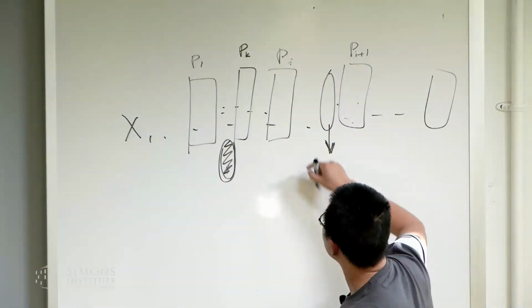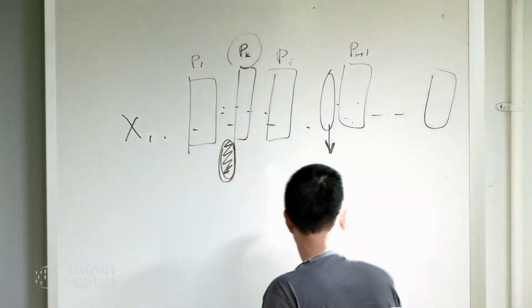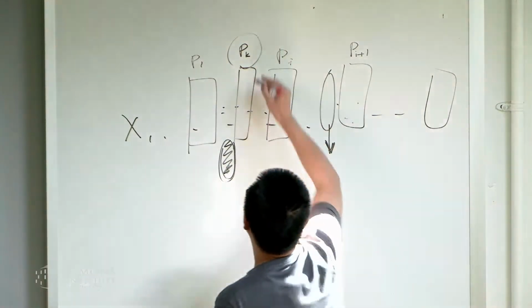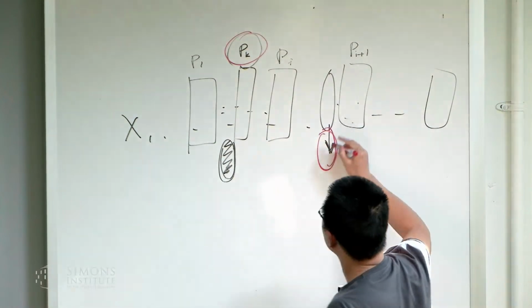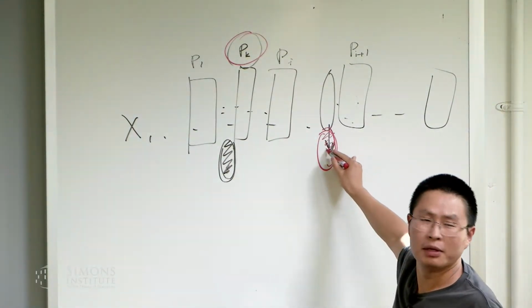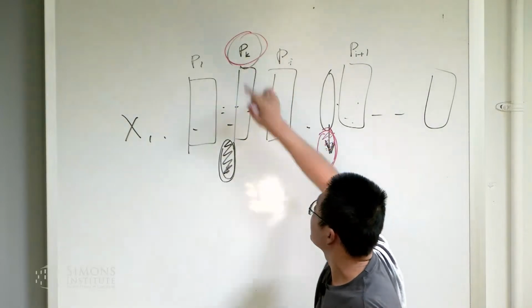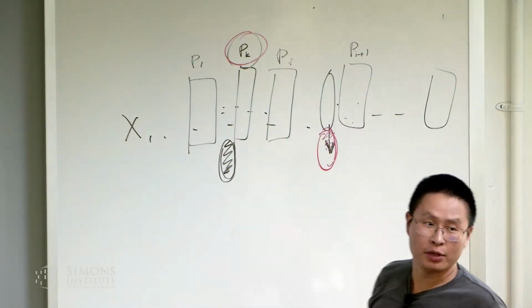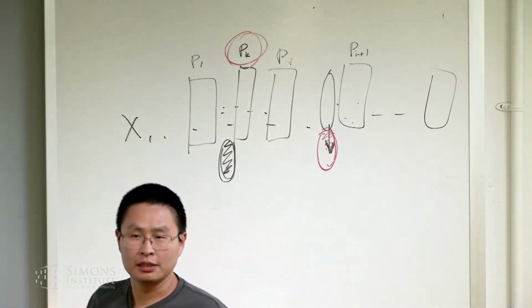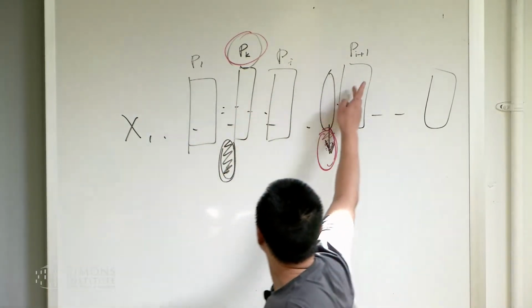The intuition is that P_{i+1} is potentially a needle.